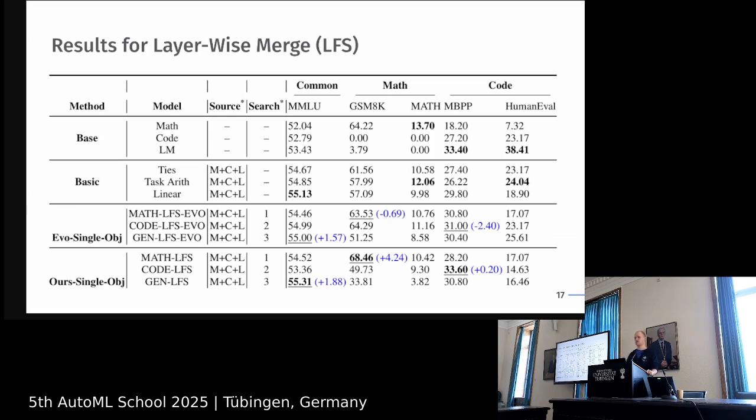It's actually trained on GSM8K. It's not so clear that we would be able to merge in other parts of the code model, for example, and of the language model, and improve on math performance. But interestingly, we do improve. We see at the bottom that we find 4% more math performance, even on top of this math model.